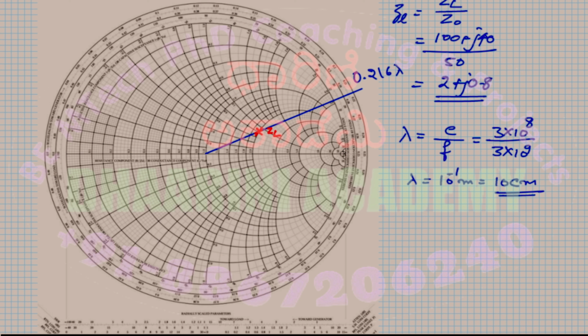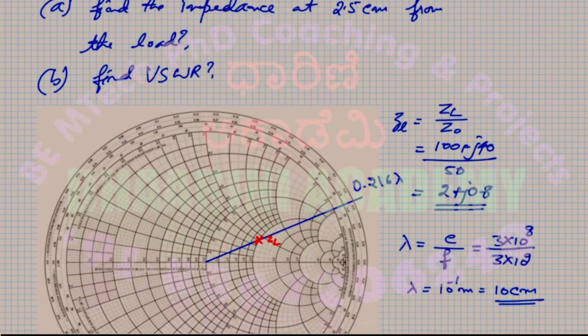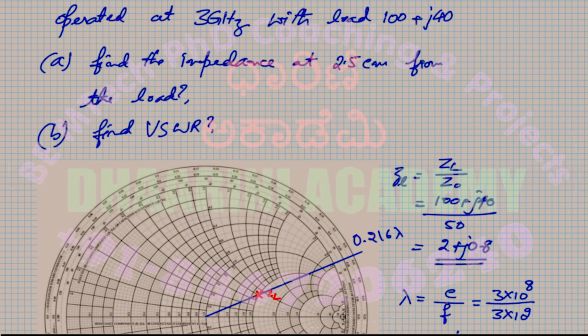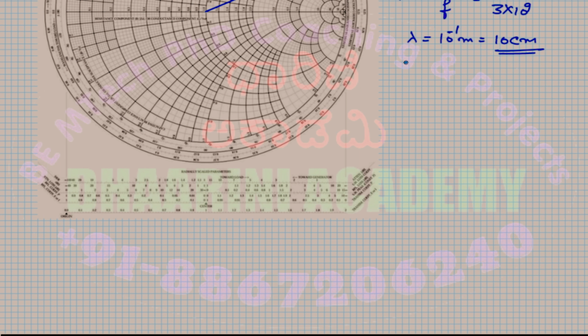Now the distance I am supposed to travel is 2.5 centimeter, correct? Find the impedance at 2.5 centimeter from the load. Now I need to represent the 2.5 centimeter in terms of lambda. If 10 centimeter is 1 lambda, then 2.5 centimeter is 2.5 into lambda divided by 10.